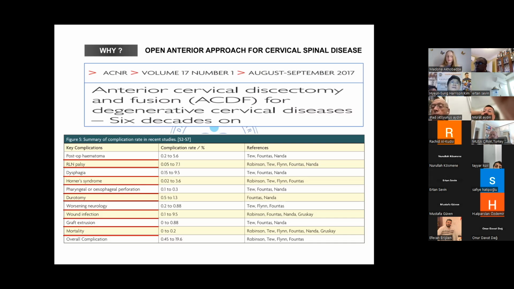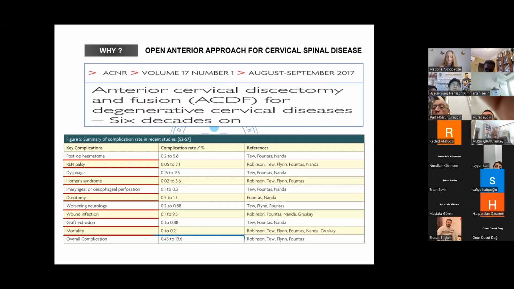Also, in spite of good fusion and a well-established pathology, long-term follow-up shows secondary problems, such as junctional problems and recurrence, in the anterior cervical approach.